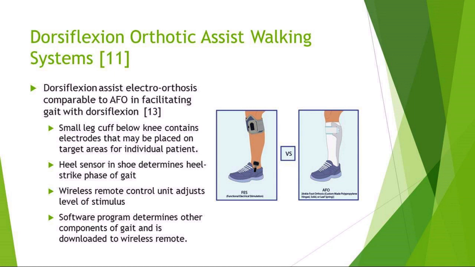These days, in the newer devices, the control unit can be on your smartphone. So they can use the app on their smartphone to turn up the stim, which is really cool. The software program determines other components of gait and is downloaded to the wireless remote. Basically, this orthotic assist replaces a passive AFO for dorsiflexion. That's a reason for using it: you have an active device that's stimming the muscles rather than a passive device that's physically lifting your toes up.